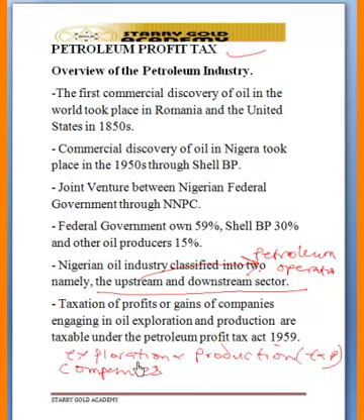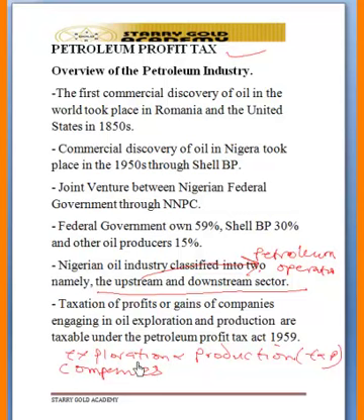Now, what is the distinguishing feature between the upstream sector and the downstream sector? I'm going to tell you what the downstream sector is about too, but let's look at the distinguishing features. One, the upstream sector is a capital intensive operation. Drilling oil wells needs very capital intensive instruments, machines, rigs that do the drilling.